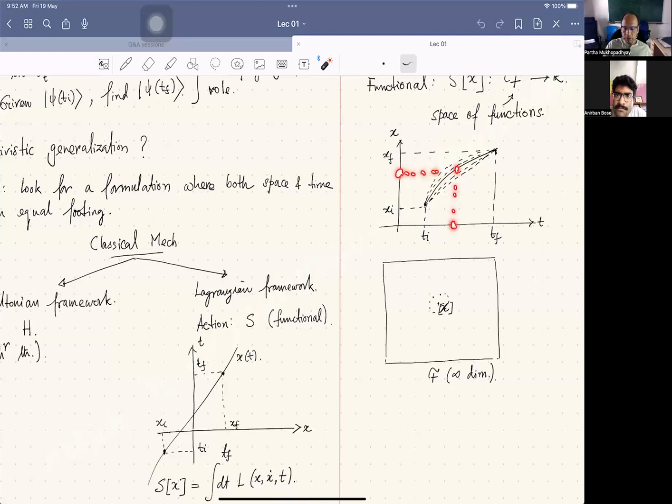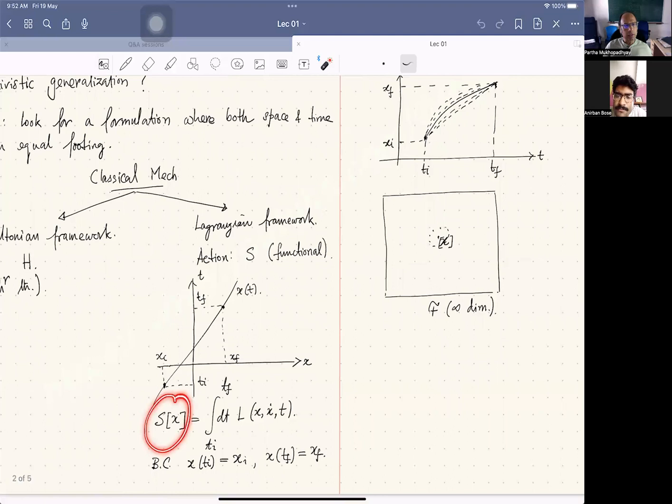So for every value of t, you get a value of x. So the input is a real number, which is the value of the argument of the function, say t here. The output is the value of the function, right? Yes. But in this case, for action, that is not the case.